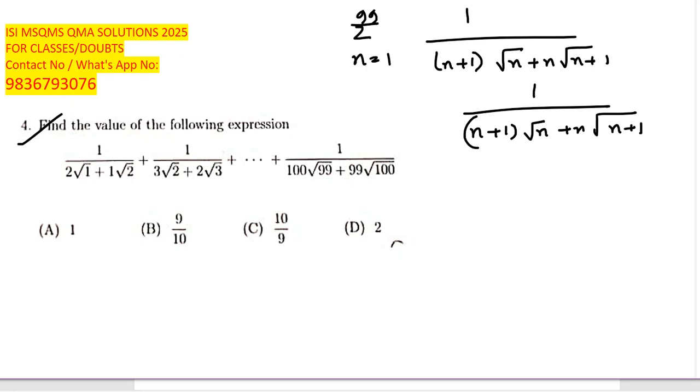So here we have to rationalize the denominator. For that we will multiply the denominator and the numerator by the conjugate.